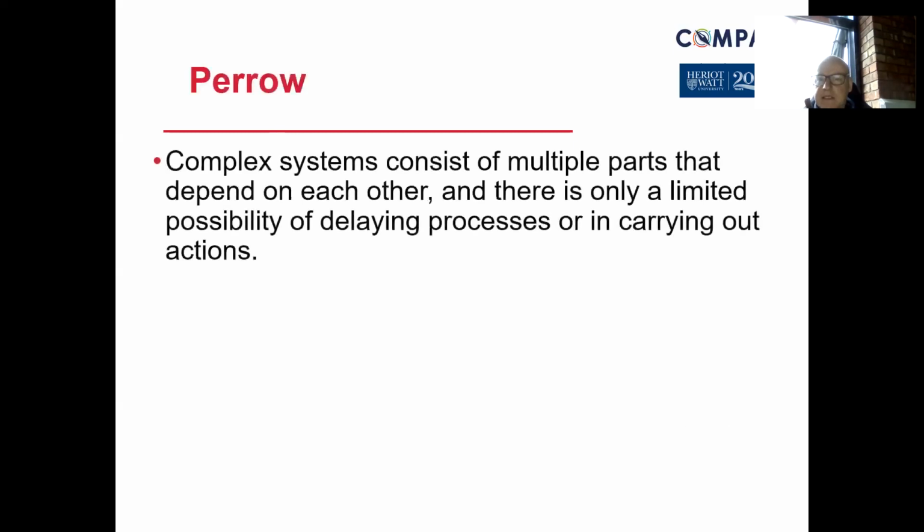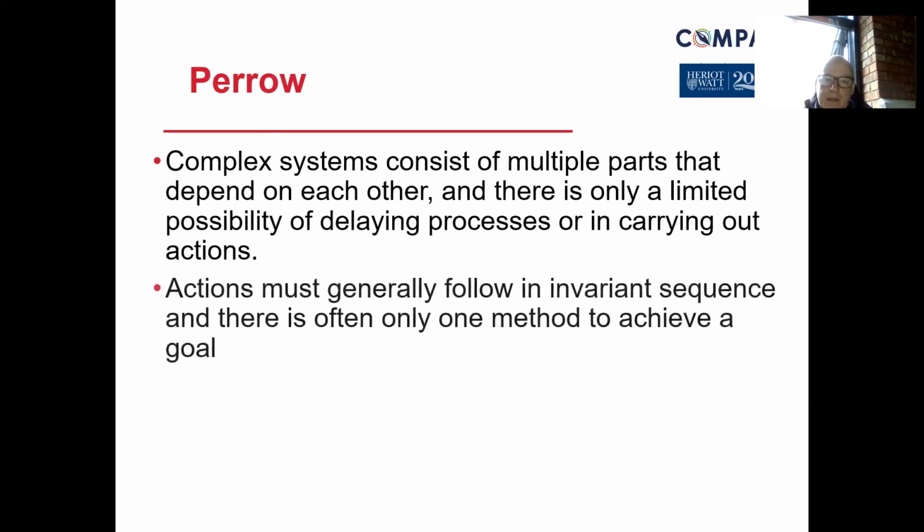Complex systems consist of multiple parts that depend on each other, and there is only a limited possibility of delaying processes or carrying out the actions. So can you respond in a timely manner? And the more complex it is, that answer becomes no. More evidently, it becomes no, and therefore the more chance for a crisis to come about. Therefore, actions must generally follow in invariant sequence.